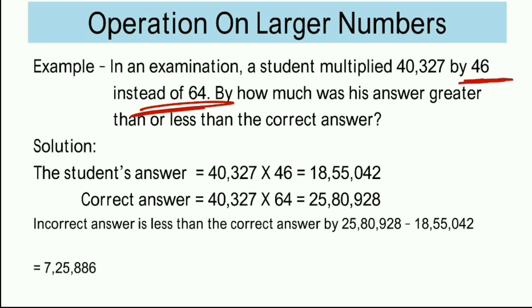He multiplied by the smaller number, but he had to multiply by the bigger number. Obviously he will get the smaller result. The actual result would be bigger.